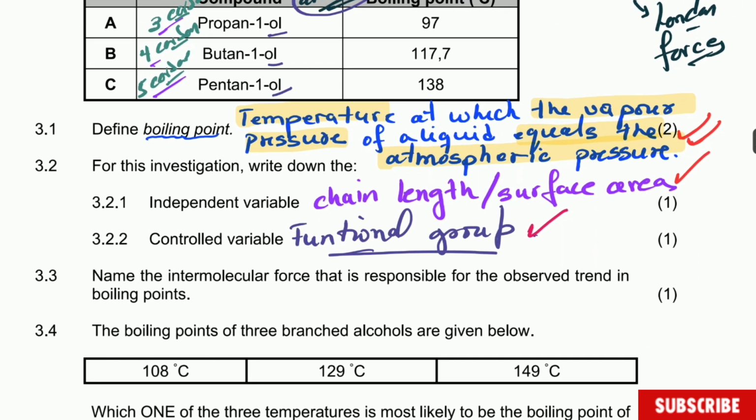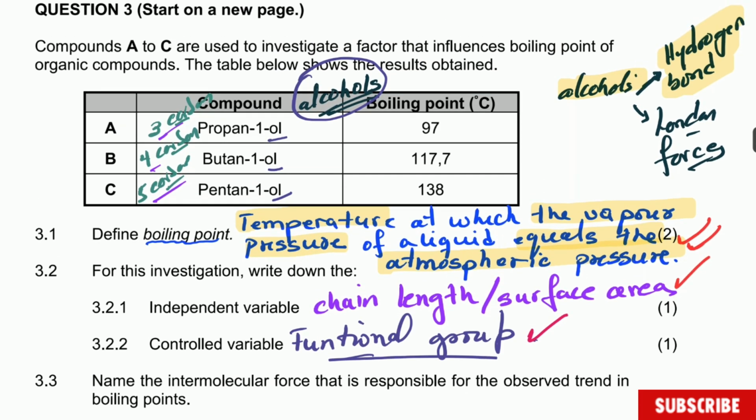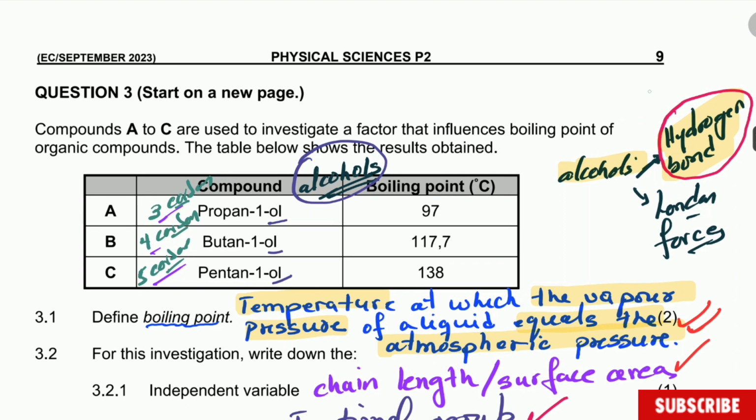4 easy marks. Now name the intermolecular force that is responsible for the observed trend in the boiling point. Now note, all of them will have a hydrogen bond which does not change because you have only 1 functional group. So this one does not change.